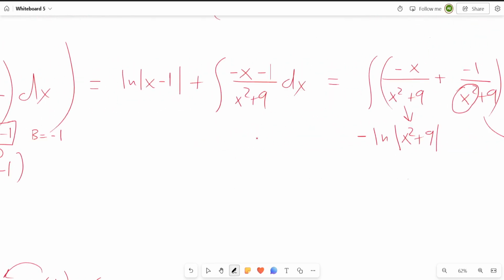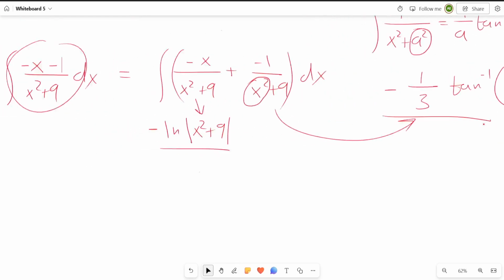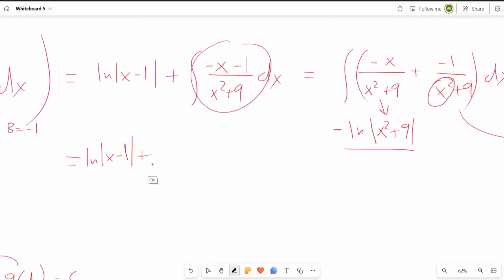So to write everything, the final answer is going to be ln x minus 1 plus the integration of this term, which is basically this added to that. So it's going to be, so this is a minus ln of x squared plus 9.